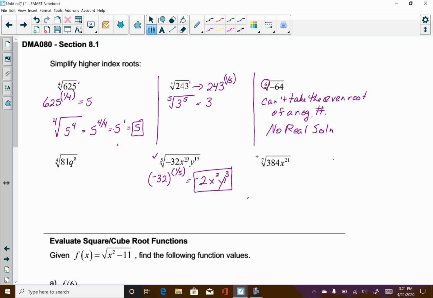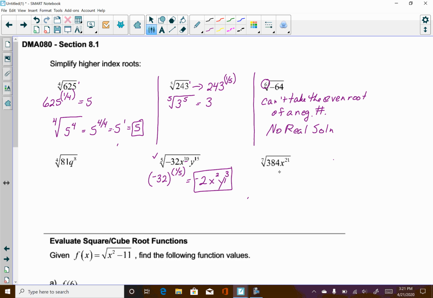Okay, and then the last one, the 7th root of 384. I don't believe 384 is going to be a perfect 7th root. So if you raise 384 to the 1/7, yeah, we get a decimal number.